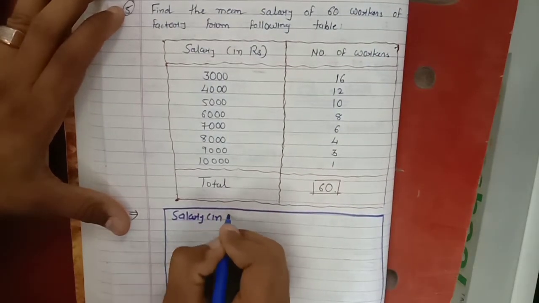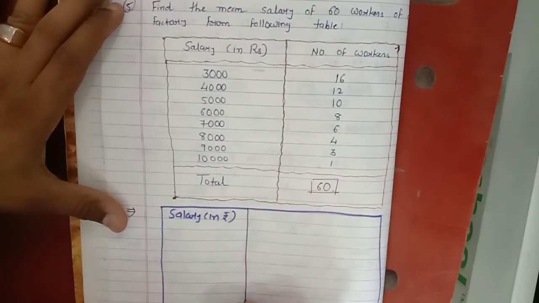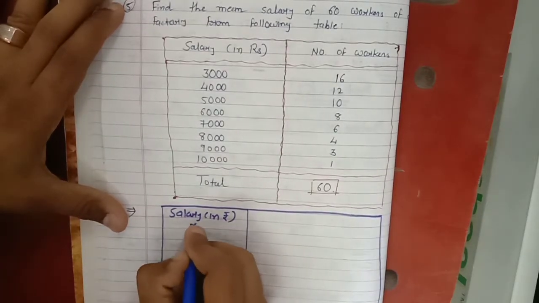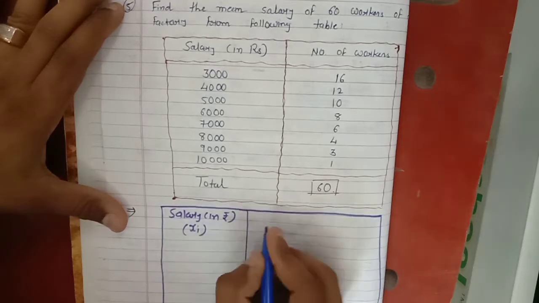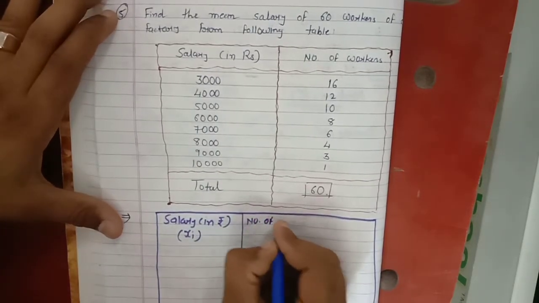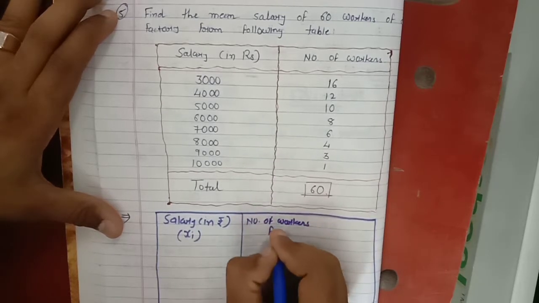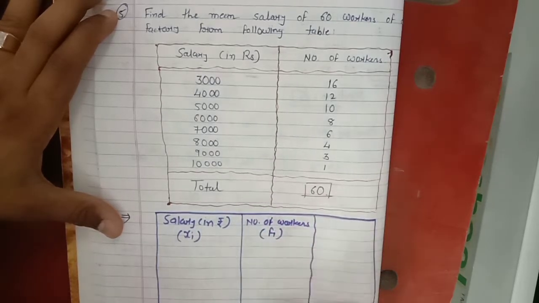Salary in rupees given, it means this is your xi. Number of workers, this is your fi.